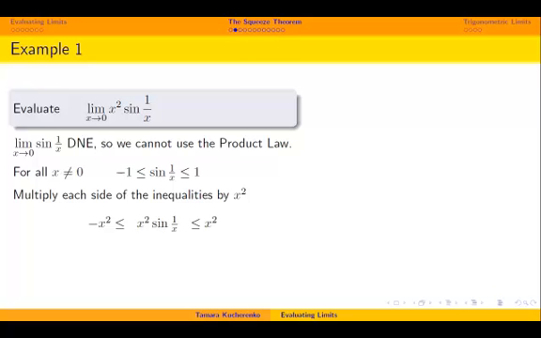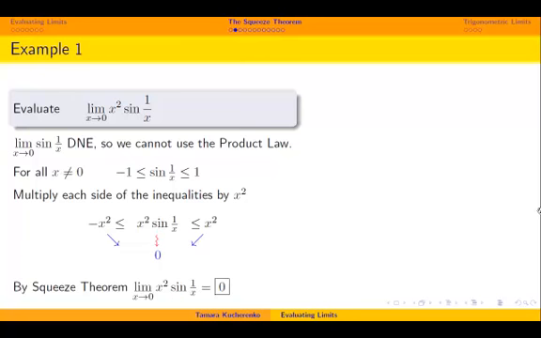Now we let x go to 0. Since the functions negative x squared and x squared both approach 0 as x tends to 0, the middle function x squared sine 1 over x is forced to also approach 0.